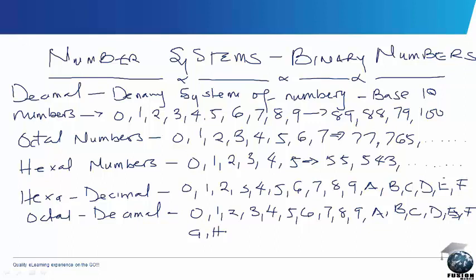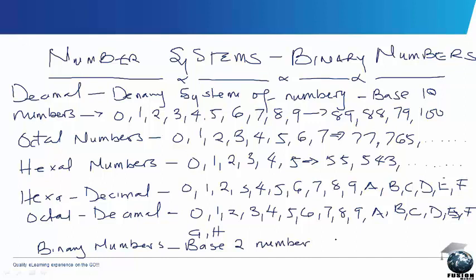There are other number systems, but they are for higher levels, not for the purpose of this study. The other number system that is important for this study is called the binary numbers. You can as well call them base 2 numbers.